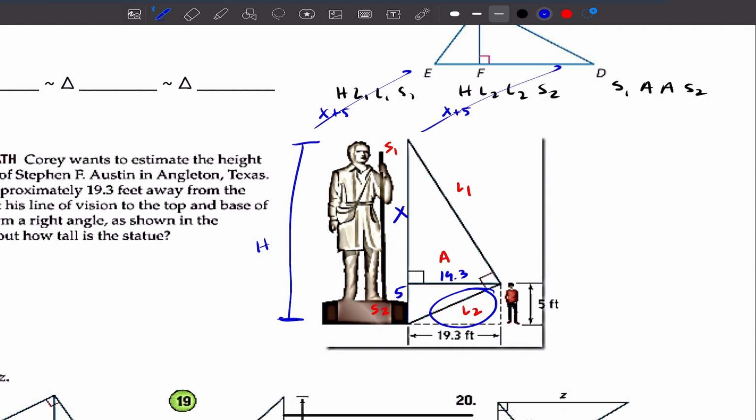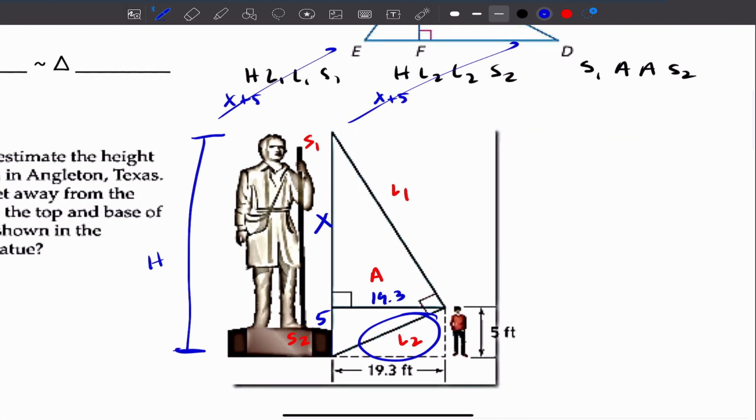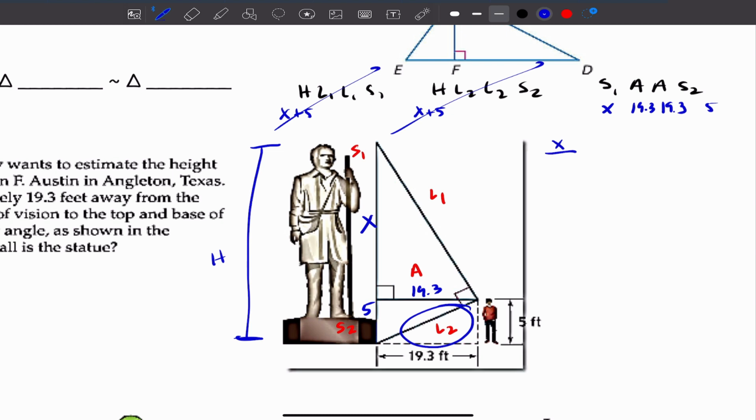So we have SAAS. So segment 1 is x. The altitude is 19.3. And then segment 2 is 5. So look at that, we have x, 19.3, 19.3, and 5, so that's great. So I can go ahead and create my proportion.